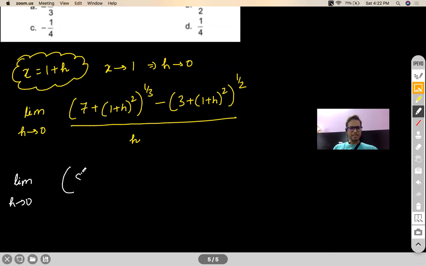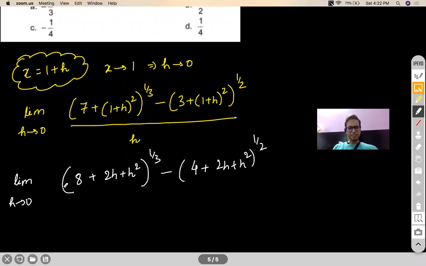So it will become limit h tending to 0, I'm just expanding it. I'm not using L'Hopital anywhere. I'm just using my binomial expansion. See, binomial expansion is like the big brother. It will bail you out from any irrational situation.